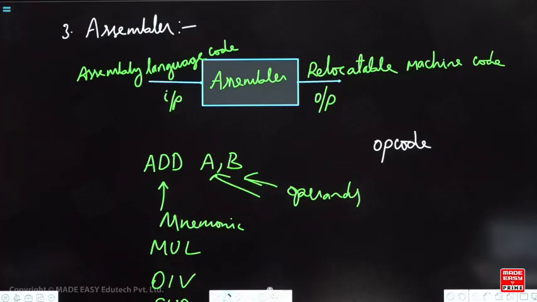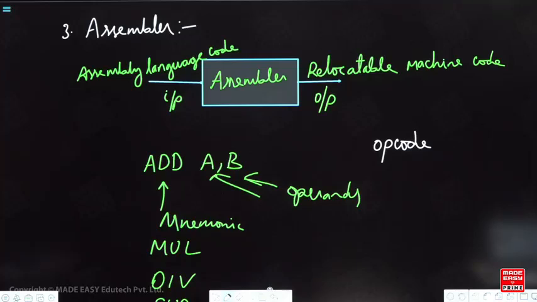I repeat, assembly language uses opcode for the instructions. An opcode basically gives the information about the particular instruction. The symbolic representation of the opcode is called mnemonics.